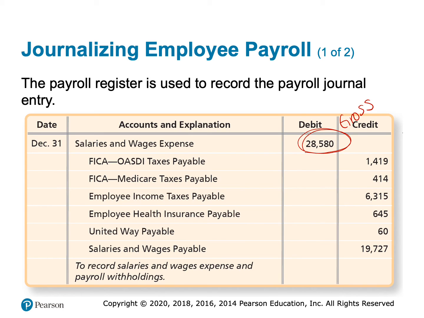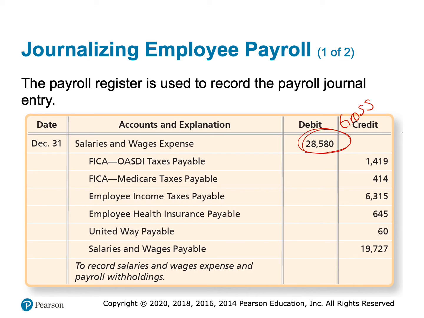It's just that you, the employee, don't get all of that, because out of that $28,580, $1,419 has to be sent to the Social Security Administration. $414 has to be sent for Medicare. $63.15 has to be sent to the IRS. $645 has to be sent to the insurance company. $60 has to be sent to United Way.